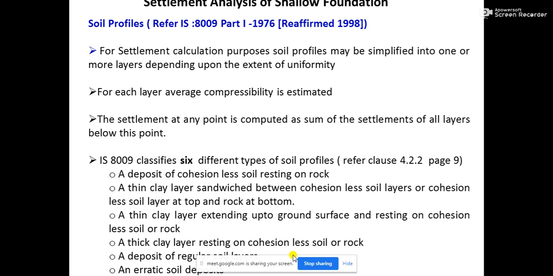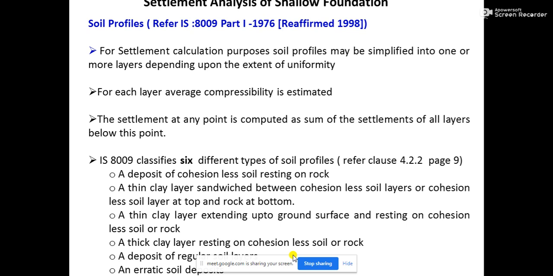An erratic kind of soil deposit is very difficult to handle. In such a deposit, you may expect one soil layer here and a different soil layer at another place. At the same depth, some portion of the soil may be sandy, some portion clay, and some portion a mixed mode of sand and clay.